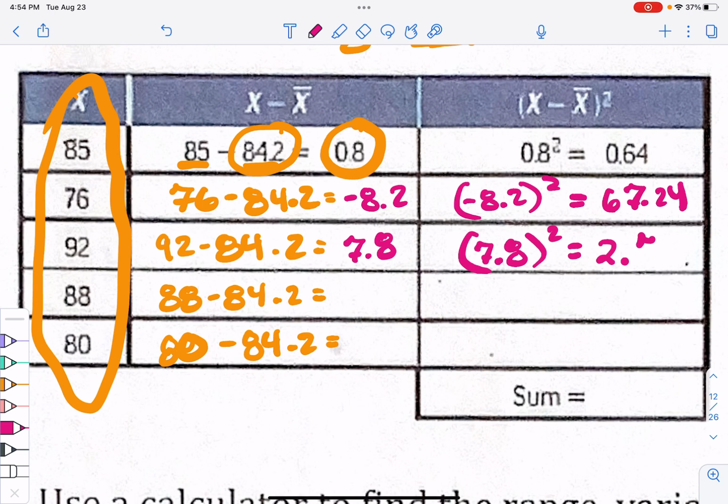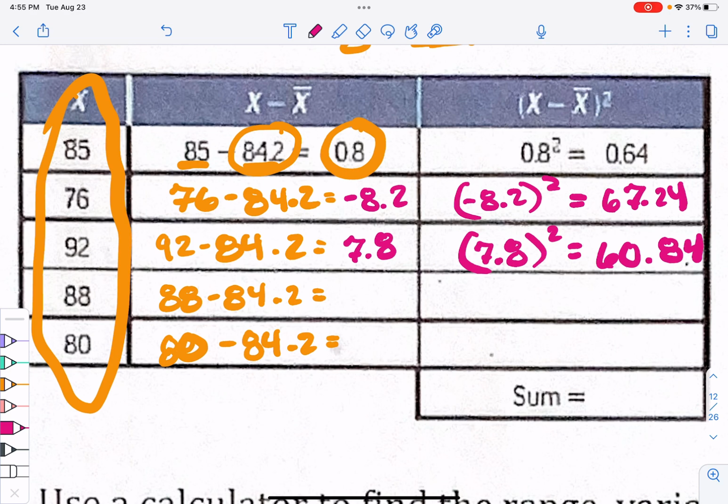Let's do that again. 92 minus 84.2 is 7.8, and we're going to square it. There we go. I knew that number was wrong. 60.84. Okay. These numbers are all a whole lot bigger than 0.64 because 85 and 84.2 were really close together. So if those numbers are looking weird, it's not wrong, okay?